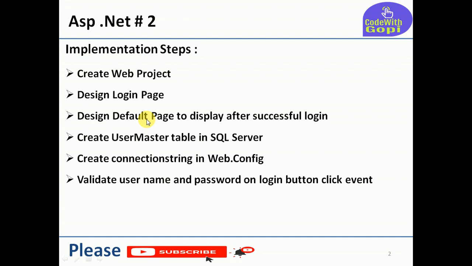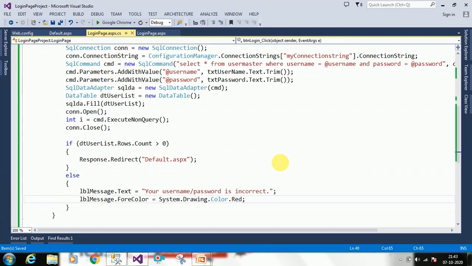Then we created one user table called UserMaster in SQL Server to validate the data, and created one connection string in Web.Config to establish a connection between your web application and SQL Server. Finally, we are calling one function to validate the user ID and password on the button click event. So we will run the application and see how it works.